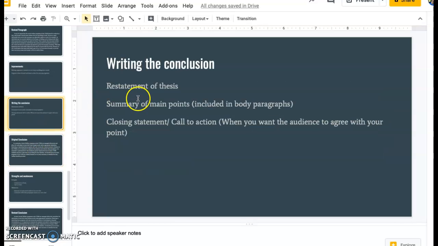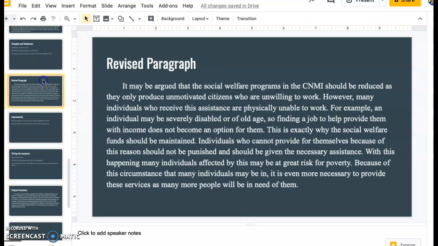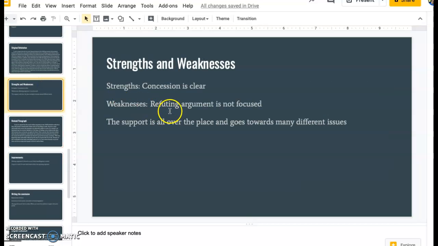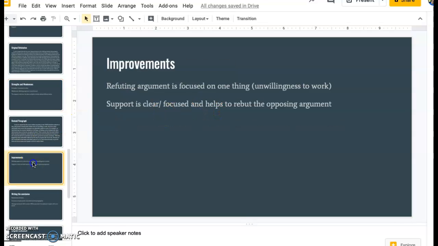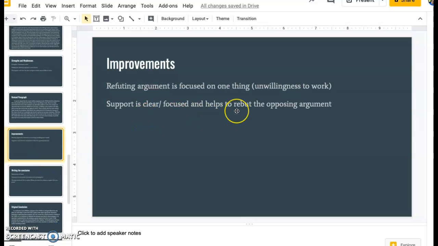So once you do that and once you're more clear in your points, your argument is a lot more focused on what you're trying to come across. And so it's a lot more clear and focused.